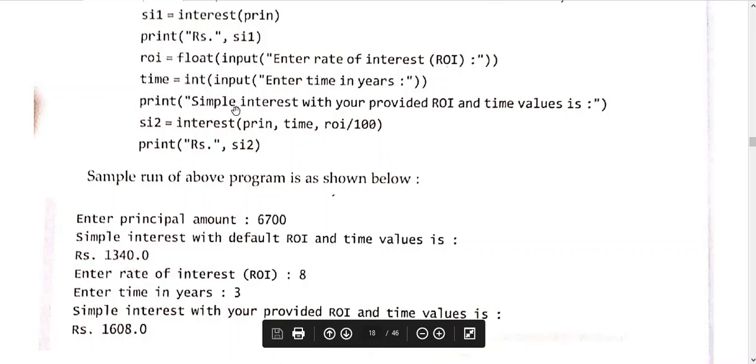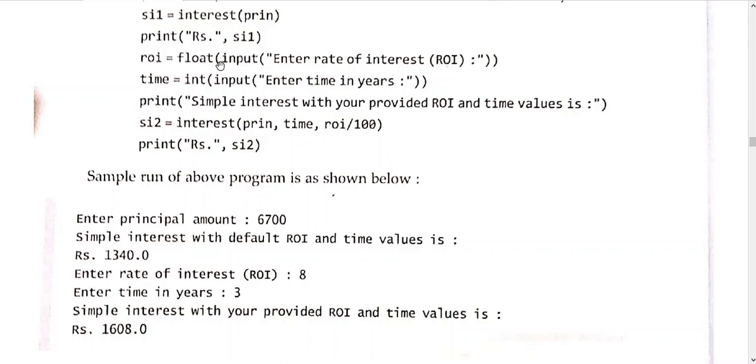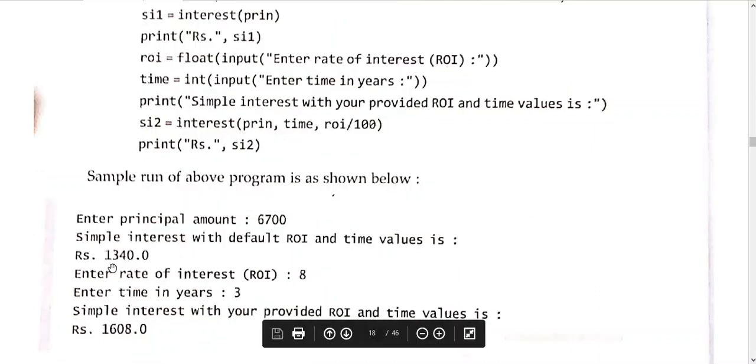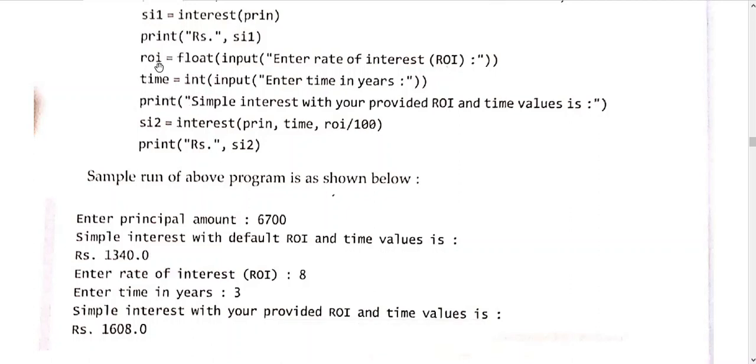You can see this is written as it is here: simple interest with the default ROI and time values is, so this will bring the value from the function definition and replace it here, and it will print rupees whatever is obtained. Now this time the rate of interest and time the user is going to enter.